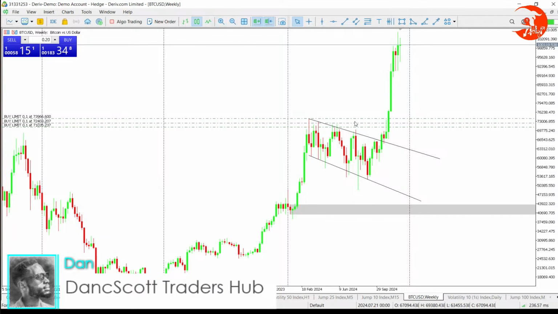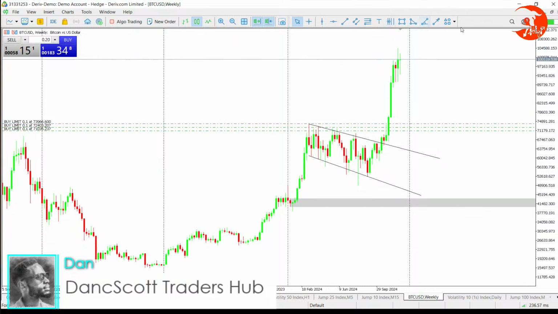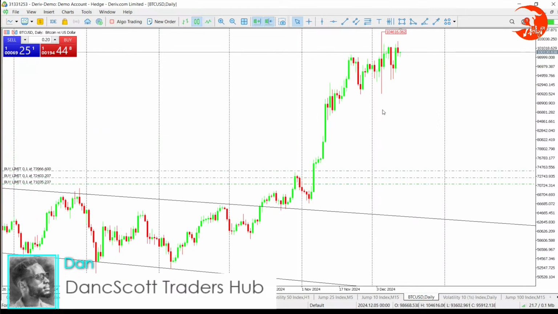That's the level where we saw the break of structure. We haven't broken our current high. We are still at 104,000 there. That's where we're still at as our current high, according to my chart.